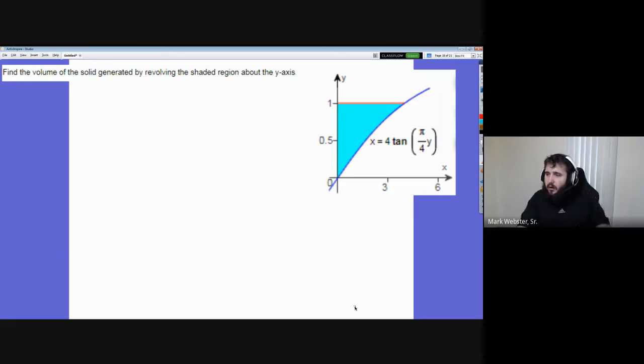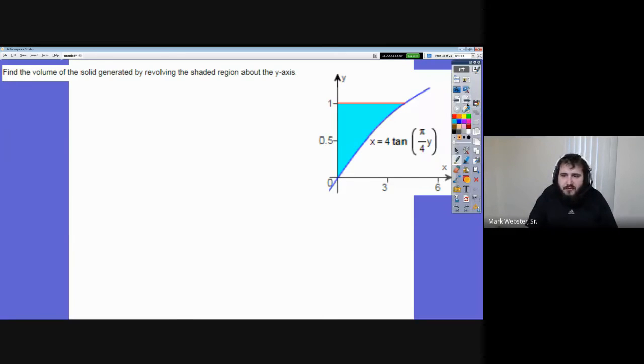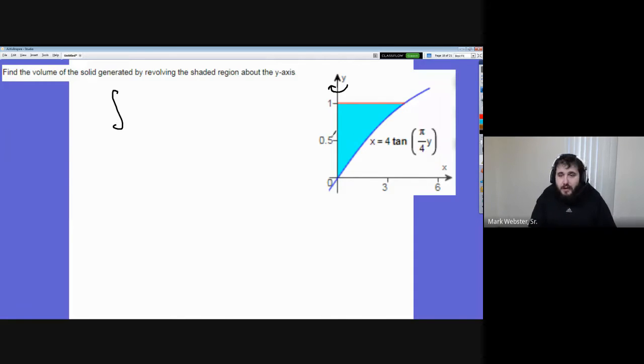So notice now, one, they're asking us to rotate around the y-axis. And they've got their function in terms of y instead of in terms of x. So that means when we do this, we're not doing it in terms of x anymore. We're doing it in terms of y. So just watch the way that it's written. Watch the axis that they're telling you.